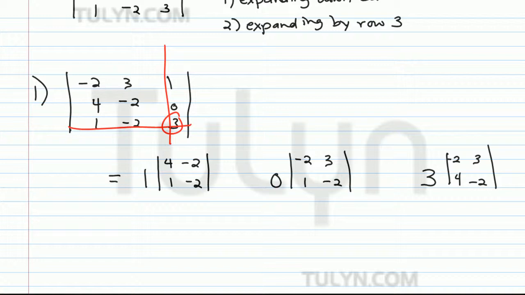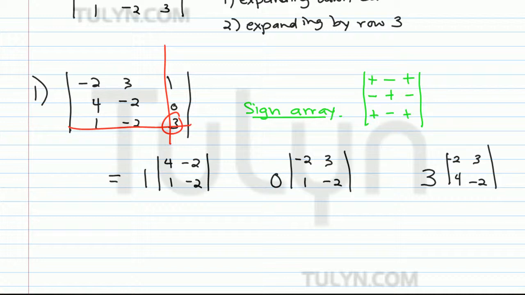Finally, what we have to do is recall the sign array. The sign array is the 3x3 matrix that starts with a plus on the top left corner, and then you alternate minus, plus across the row and minus, plus down the column. You just keep alternating signs to fill it out.